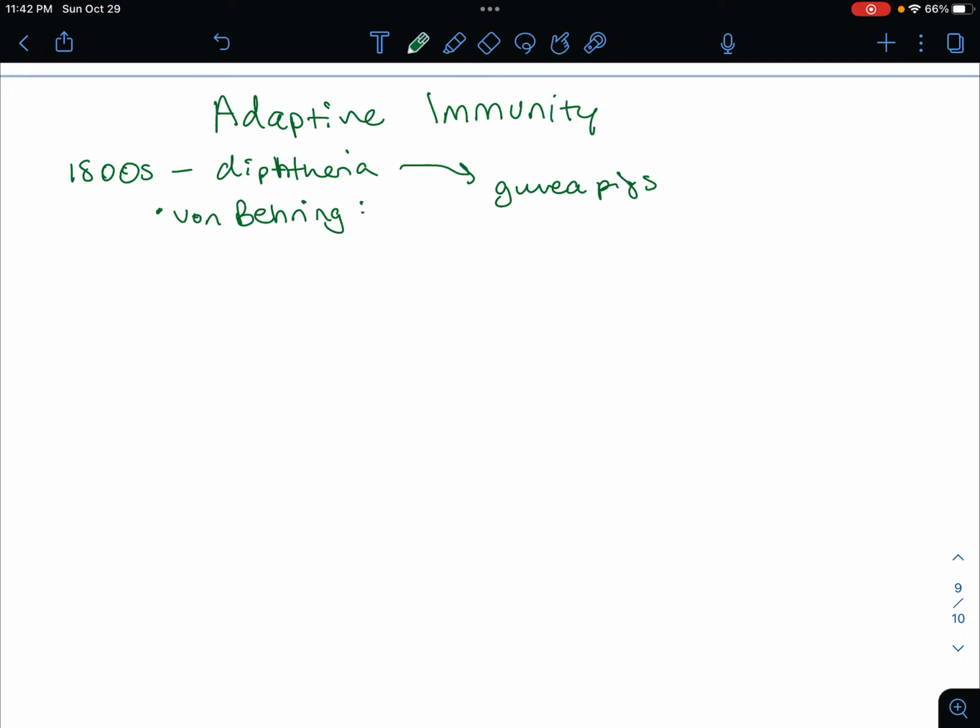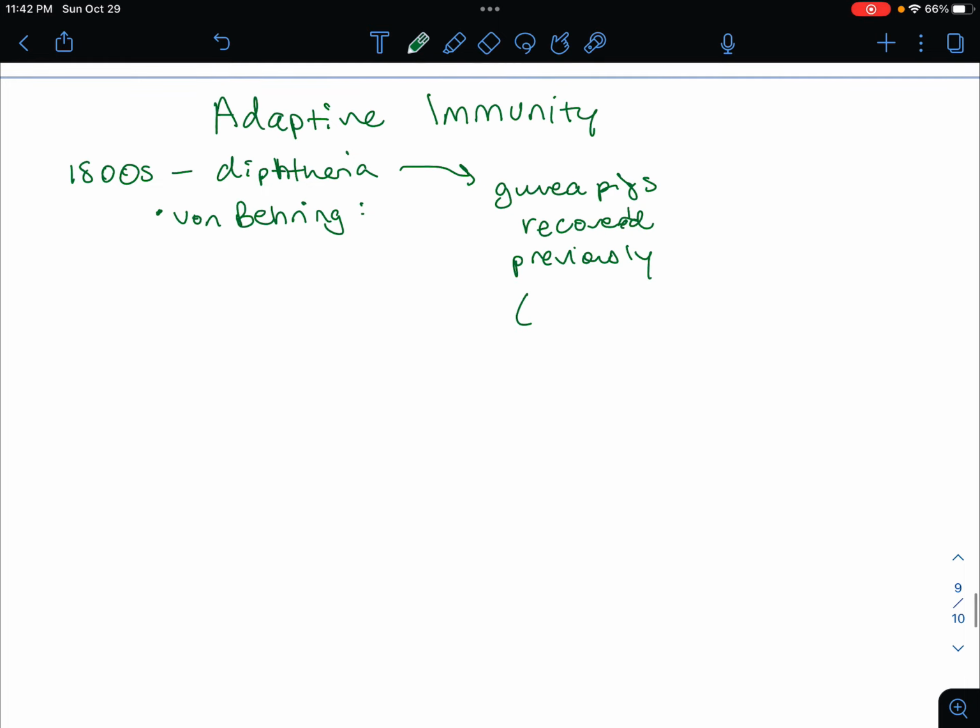These guinea pigs actually recovered from diphtheria previously. What happened was they were again exposed to the toxin. They did not get ill. So something in these guinea pigs that already had the toxin must have been killing any newly introduced forms of it. So they must have had something like an antitoxin.